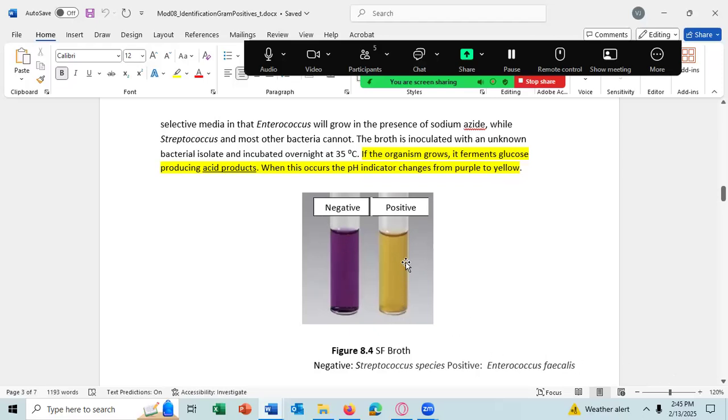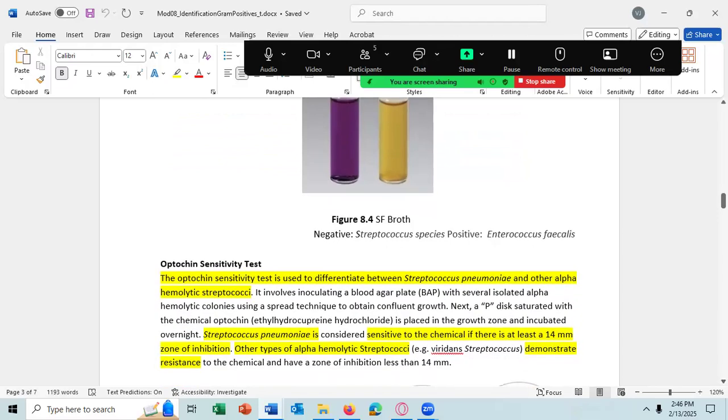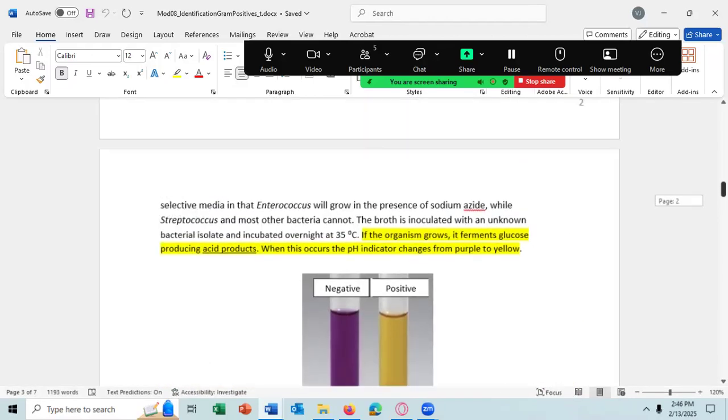Enterococcus faecalis, when it grows in the SF broth test, will be positive, meaning yellow. And if you grow Streptococcus, any species of the family Streptococcus, in the SF broth test, it will be purple or negative. Any question about the SF broth test?